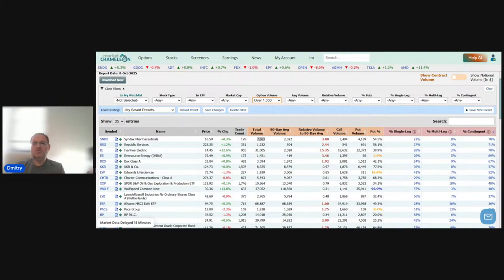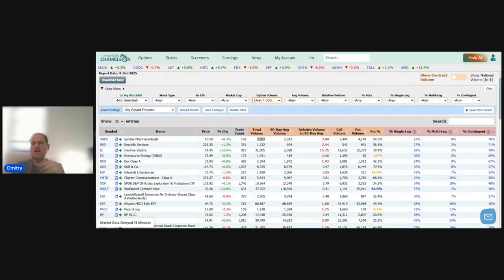So you could see here it involved 6,000 contracts, which was the majority of the option volume from yesterday. Out of 7,600, you got 6,000 contracts just in this trade alone.